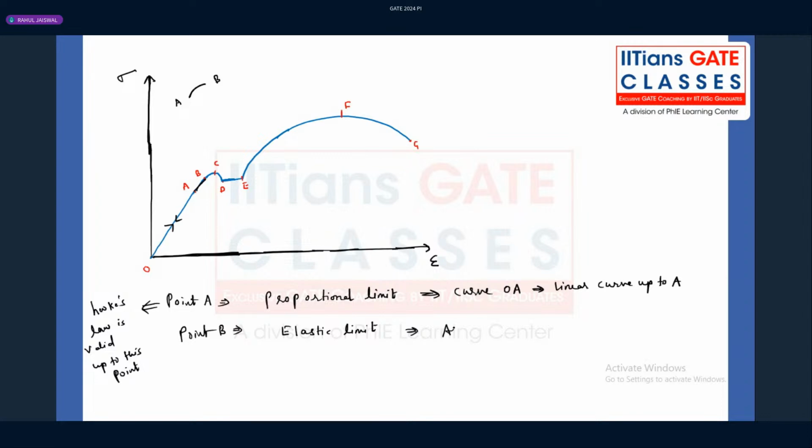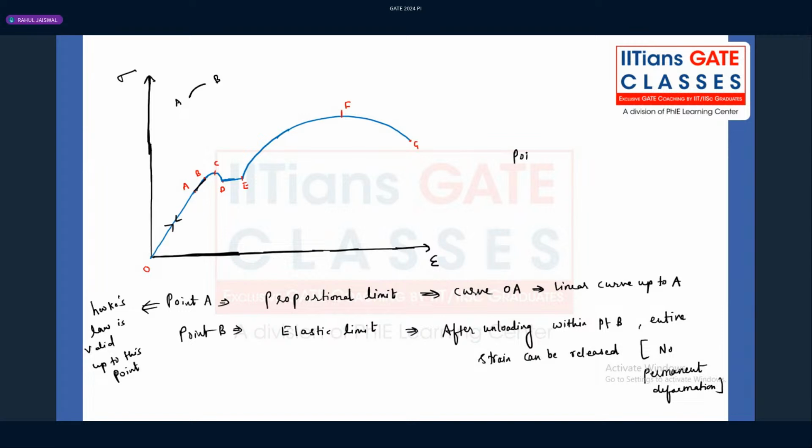What is the meaning of this? After unloading within the point B, the entire strain can be released. There are no permanent deformations. There will be only elastic deformations, and they can be fully recovered till point B.